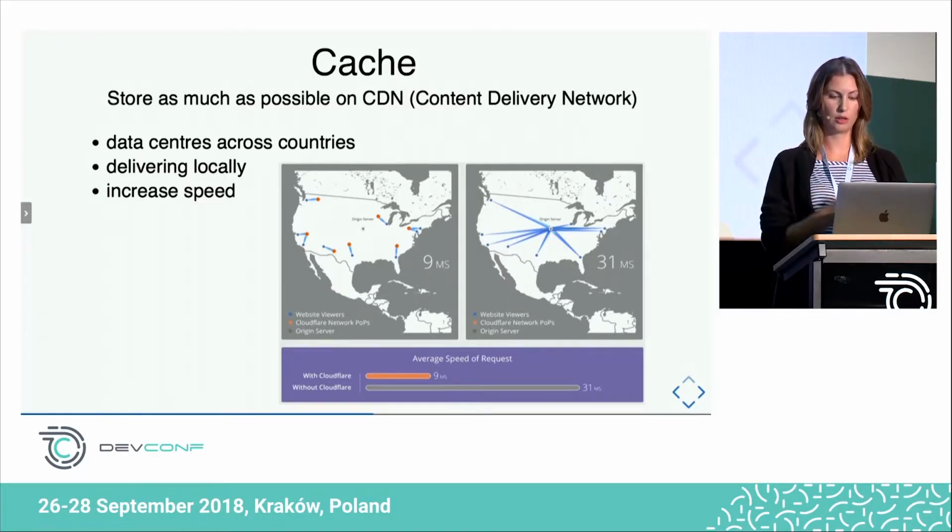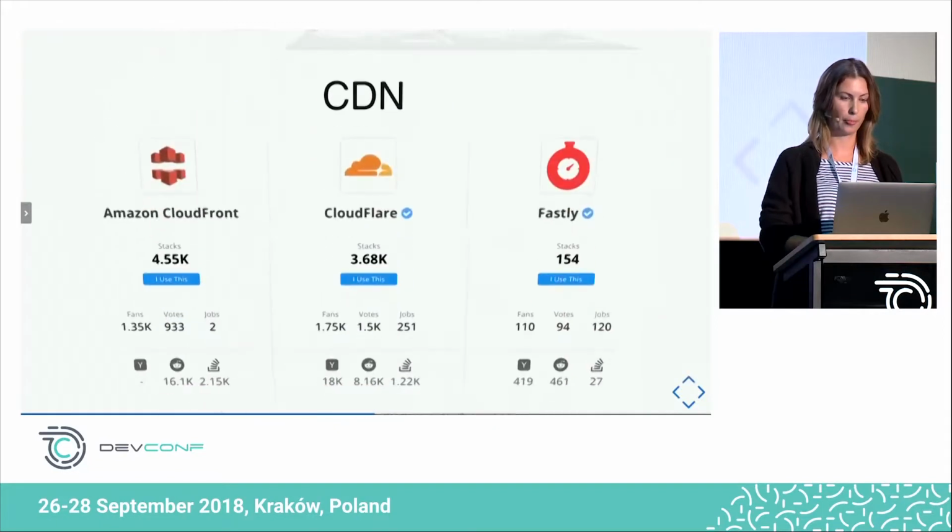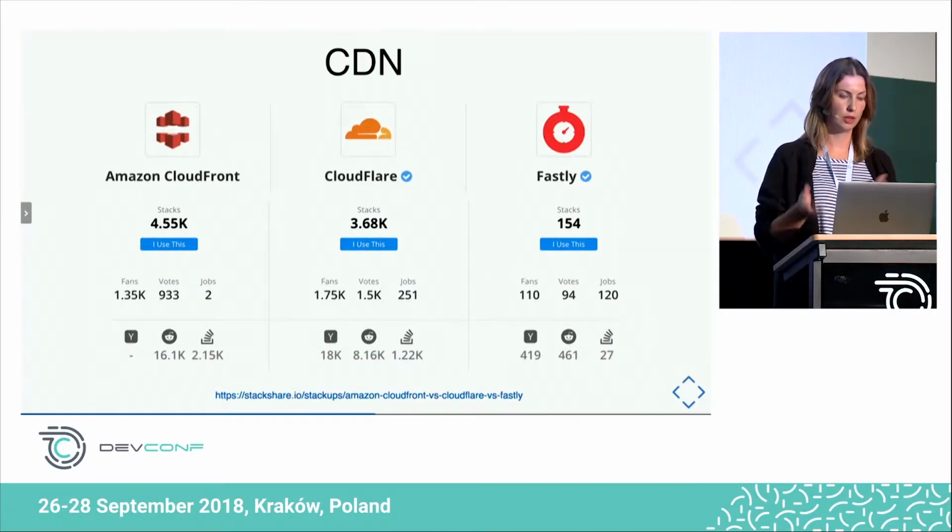As you can see here, it's more than 3 times faster on average. Probably if you deliver across continents, it will be even faster. There are a couple of tools for that.